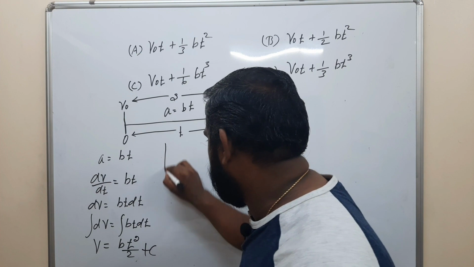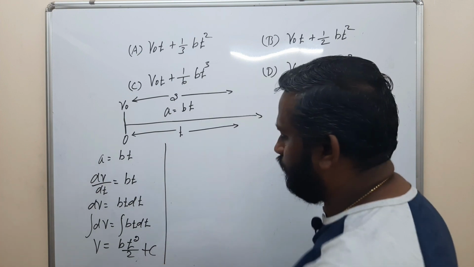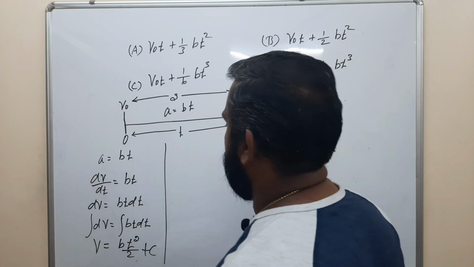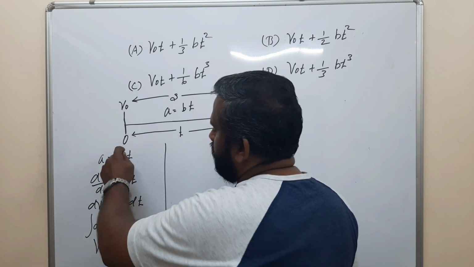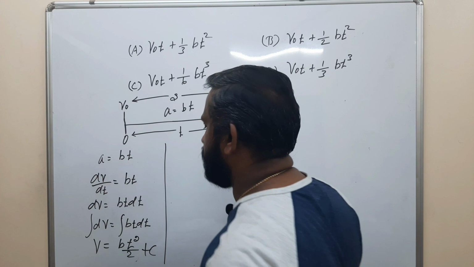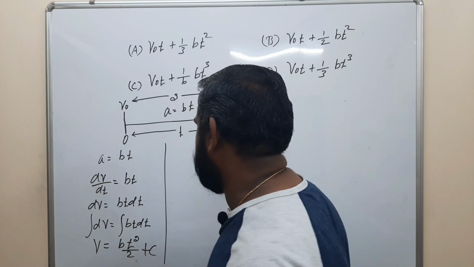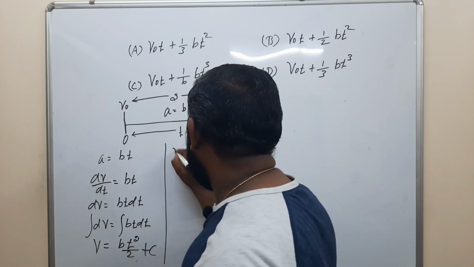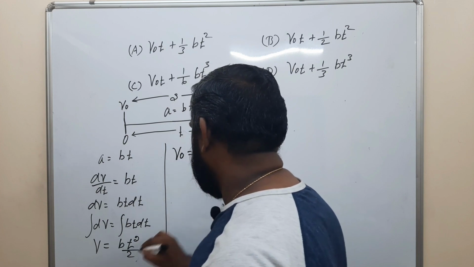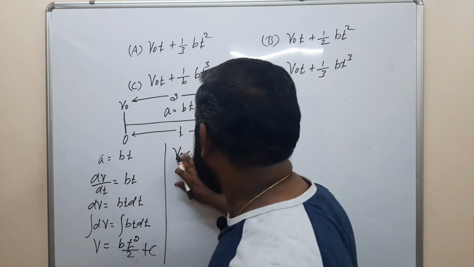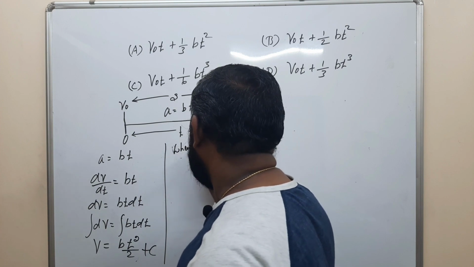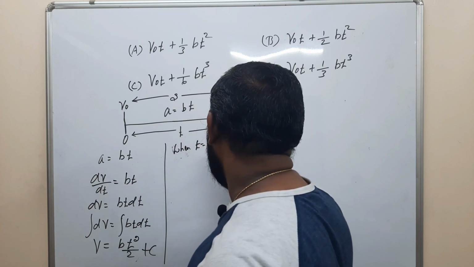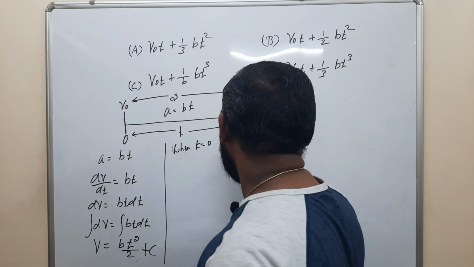Applying the initial condition given in the question, we can find the value of this constant. What is given is that at time t is equal to 0, the velocity is v0. So apply this condition in this equation: when t is equal to 0, v is equal to v0.